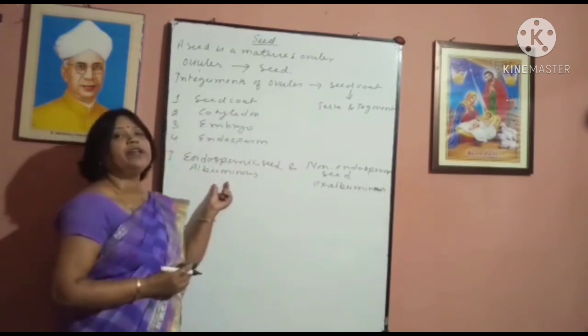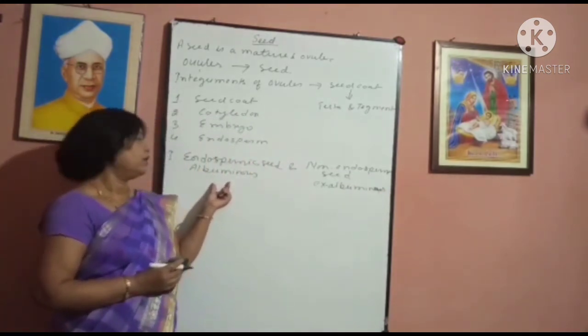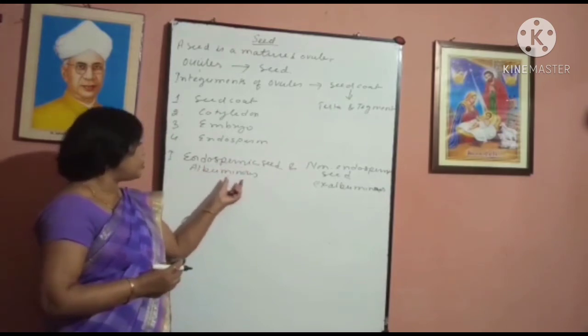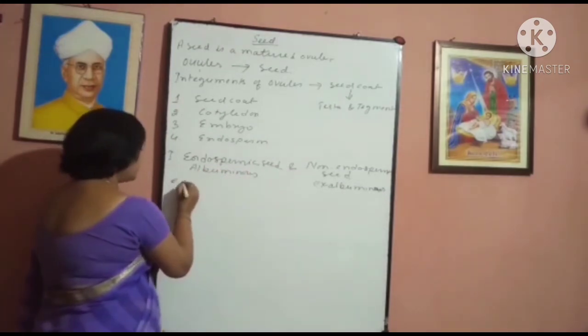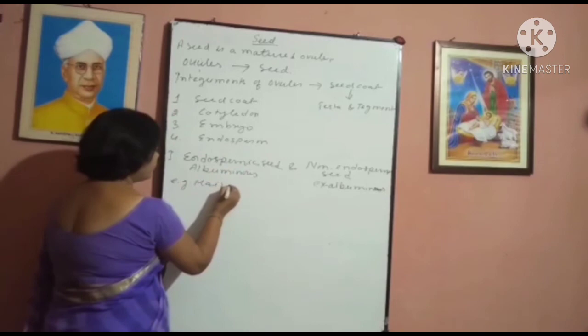Those seeds in which endosperm is present are called endospermic seed or albuminous seed, such as maize.